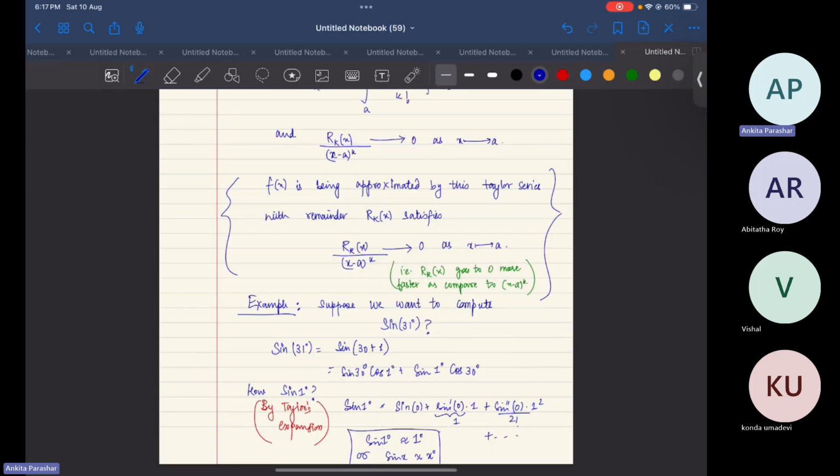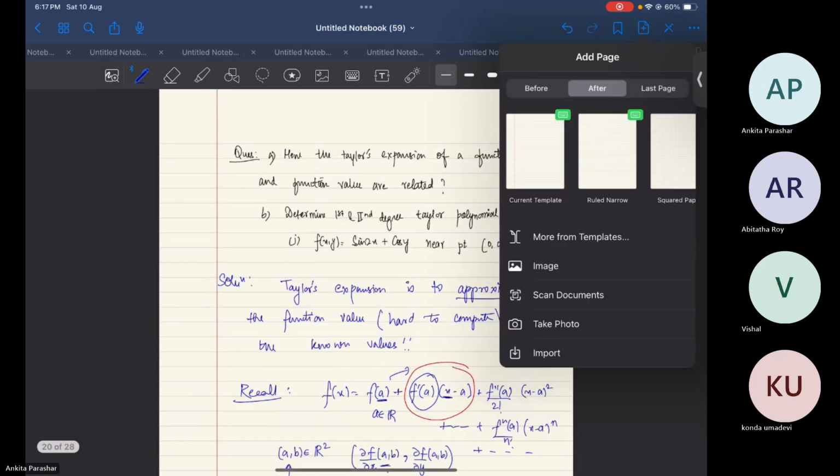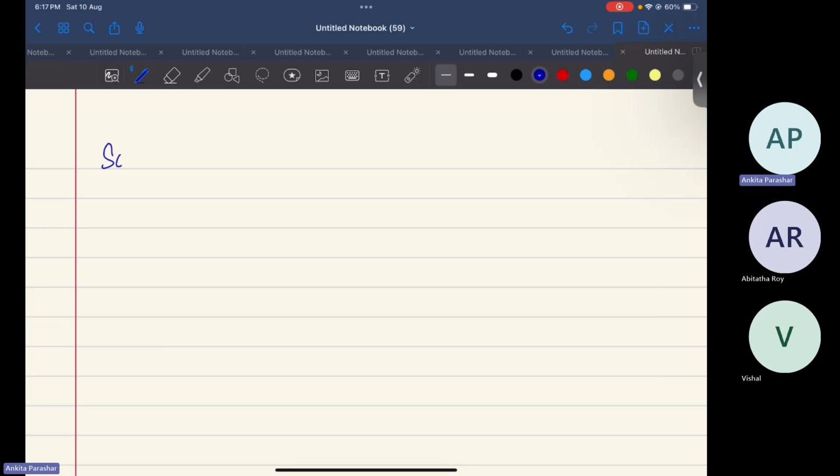This is all the detail that I have written here. f(x, y) is sin 2x cos y, near the point (0, 0).